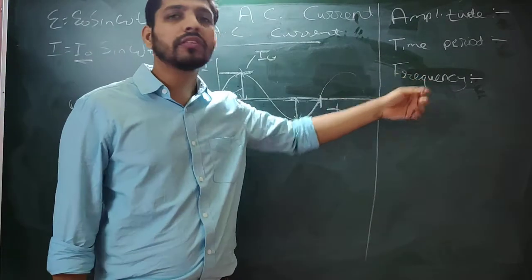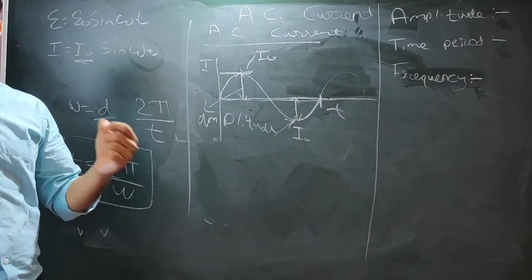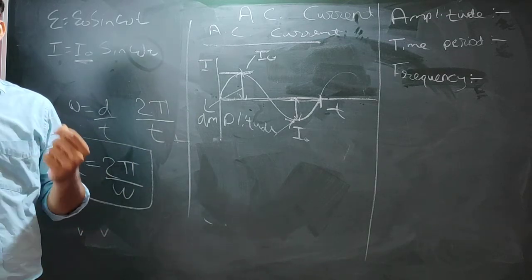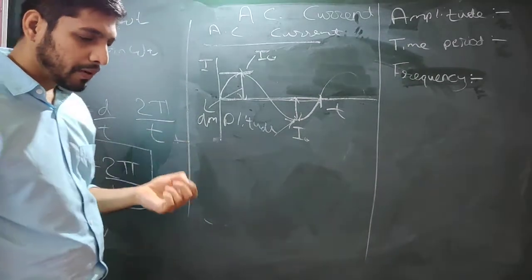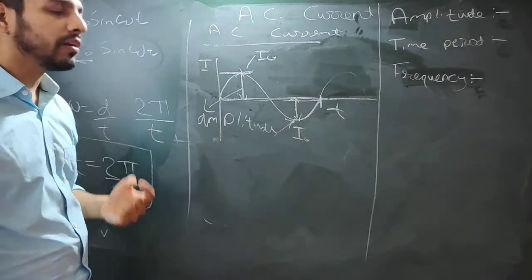And the last one, frequency. What is frequency? Frequency is the number of cycles completed in unit time, or you can say the number of cycles completed in 1 second. So if we are given some particular time, then what is the number of cycles completed in a single unit time?